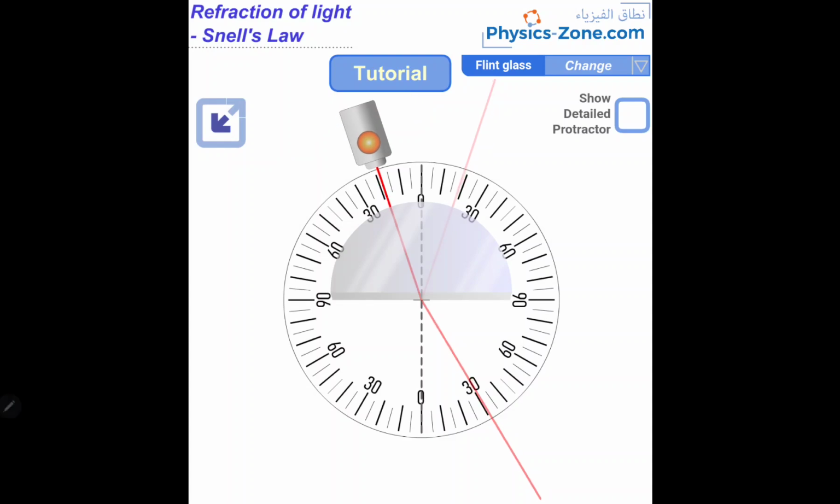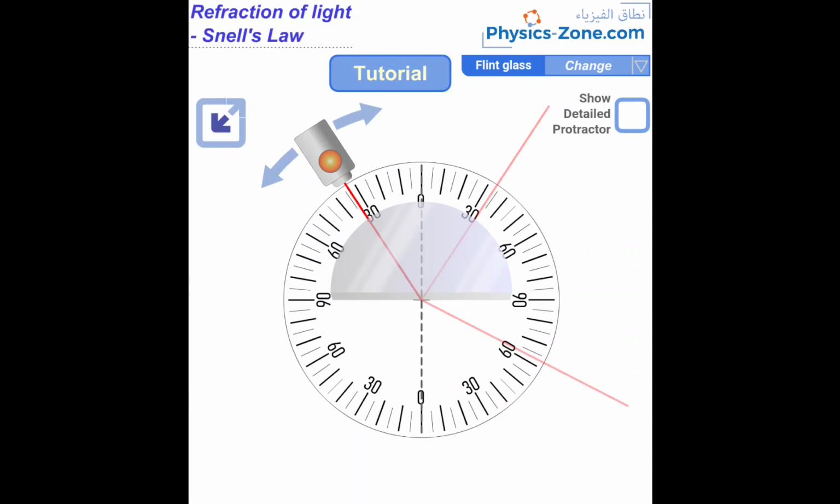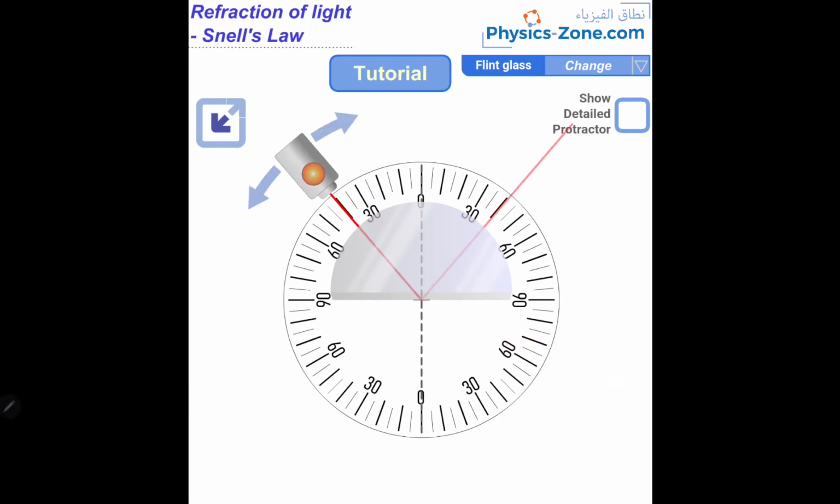So if I move this laser pointer to a larger angle, then the refractive angle changes, right? And oops, the refraction is completely gone. The only thing that's happening is reflection.